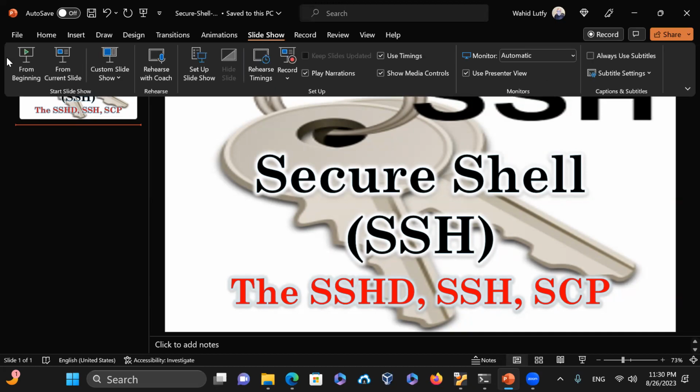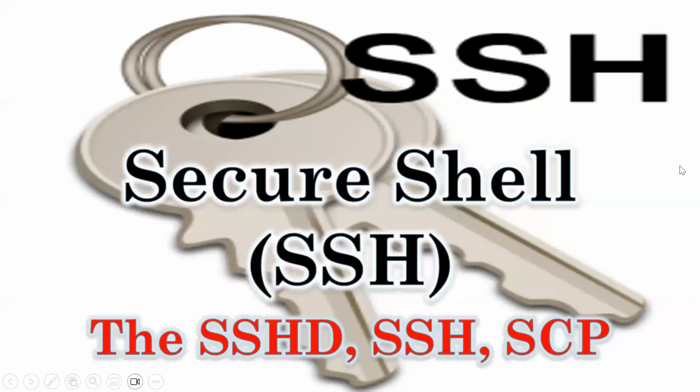So let me go through a slideshow first, and in this slide view, I'm going to show you that we have a Secure Shell daemon, which is the listener for the Secure Shell software that is listening on port 22. And all the ports are configured in etc services by default on the Linux side and Unix side.